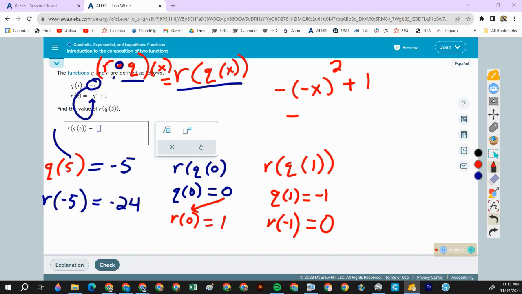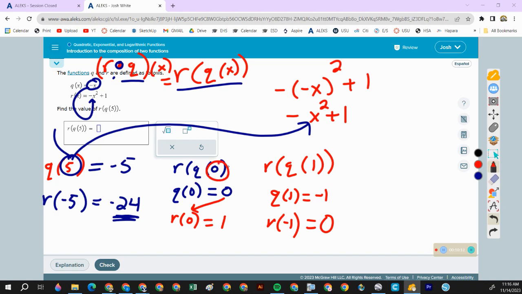So it becomes the opposite of x squared plus 1. Okay? Well, what does that do for me? Now, if I stick this in there, what should happen? I should get negative 24. Is that true? 5 squared is 25. Change the sign, add 1, negative 24.